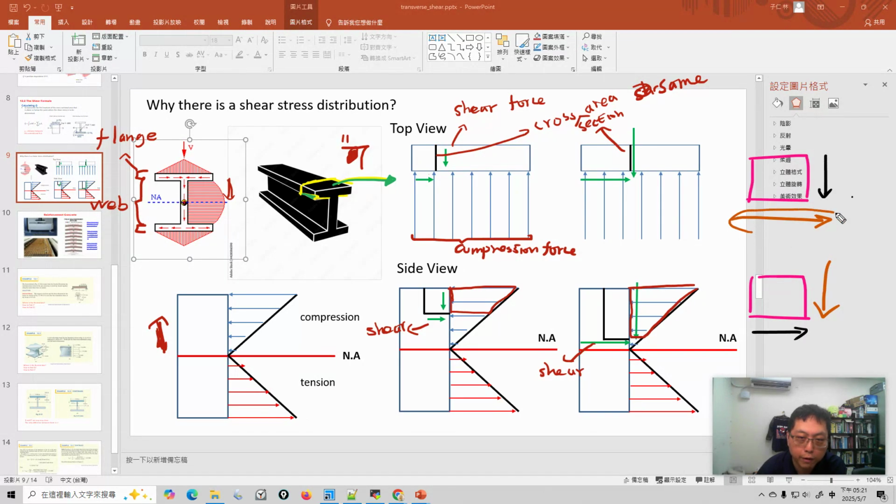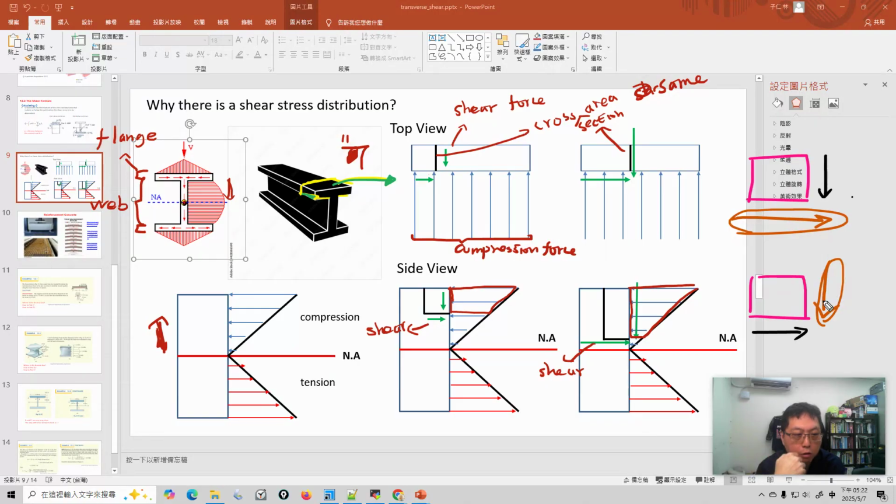That's the final thing I would remind you. It generates shear force here, and for the shear force balance there must also be a shear force in this way, or the whole thing will keep rotating.